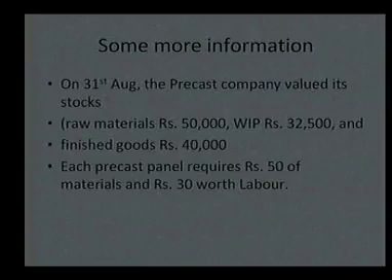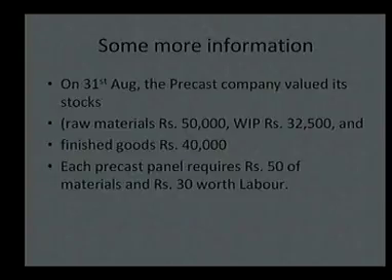Let's move on to some more information. These are related to this problem. On 31st August, the precast company valued its stocks. That means the company is now interested to prepare the profit and loss account as well as the balance sheet as of 31st August.